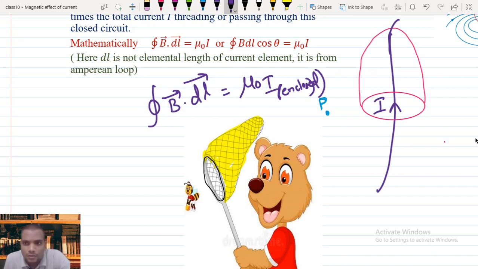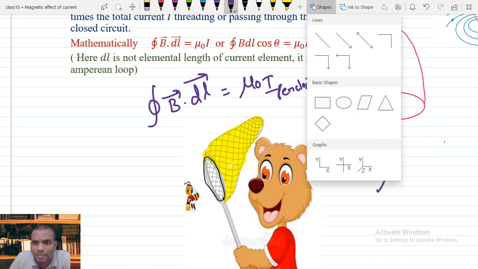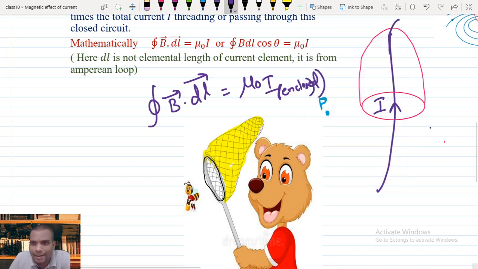Now we have taken the Ampere loop, and I attach that Ampere loop to the current carrying element. After that, what shall we do? To find the magnetic field at a point P, I need to take this loop up to that point, so I need to extend this loop.